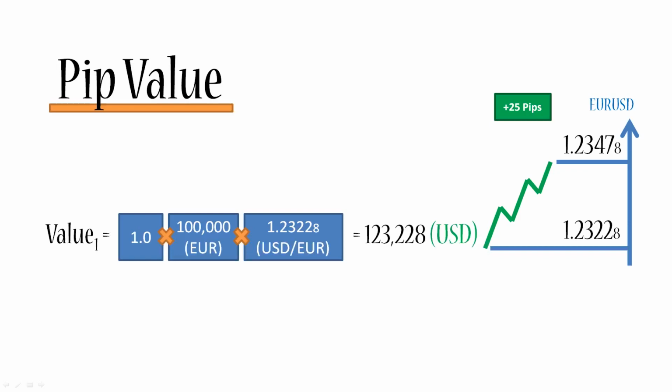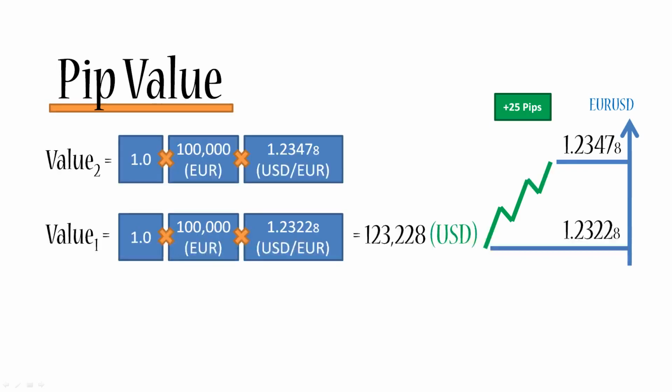Now let's calculate the value at point 2 at the top. Value at point 2 is calculated in a very similar fashion. 1 lot times 100,000 euros times 1.23478 per euro. So here we're using the new price. And the new value is $123,478. Now let's calculate the change in value.